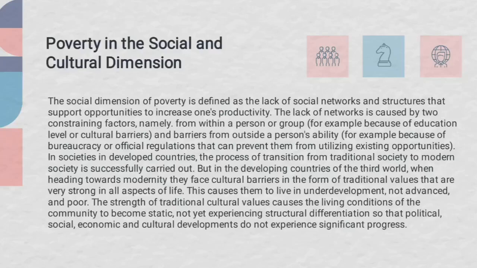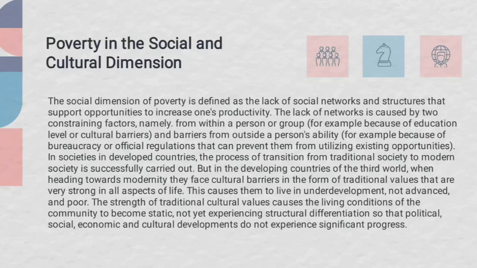The lack of networks is caused by two constraining factors, namely from within a person or group, for example because of education level or cultural barriers, and barriers from outside a person's ability, for example because of bureaucracy or official regulation that can prevent them from utilizing existing opportunities.